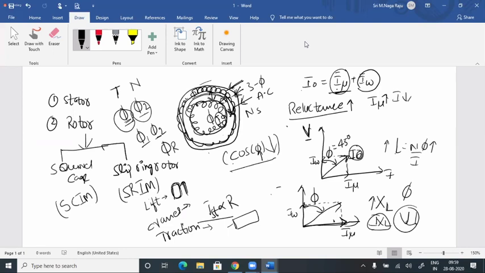That is the reason every customer has to make sure that power factor should not be low. Nearly it should be 0.8 to 1.